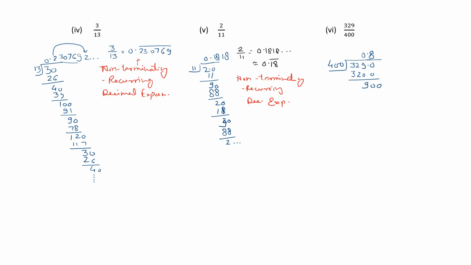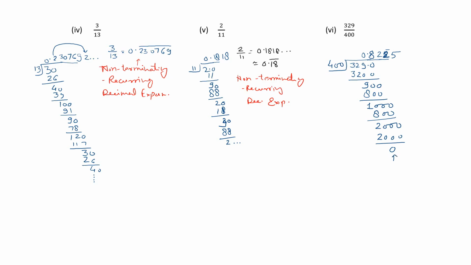So 400 times 2 is 800. The remainder is 100, extend with 0. So 400 times 2 is 800. The remainder is 200. So again extend 0. So 400 times 5 is 2000. So here the remainder is 0. So again it is terminated.